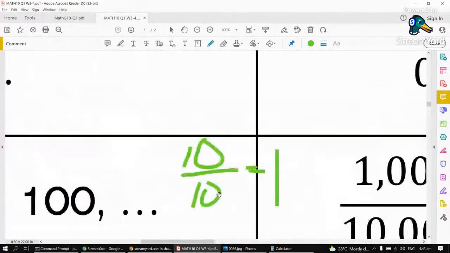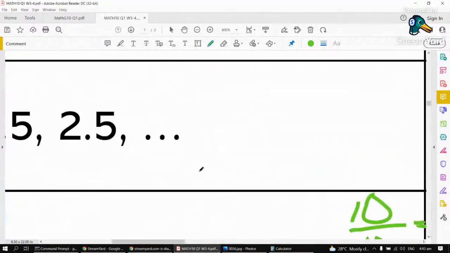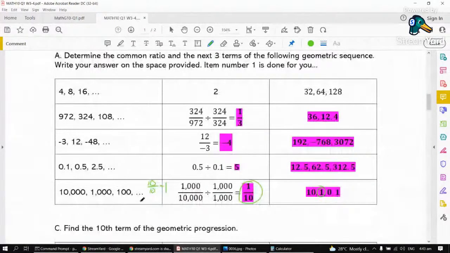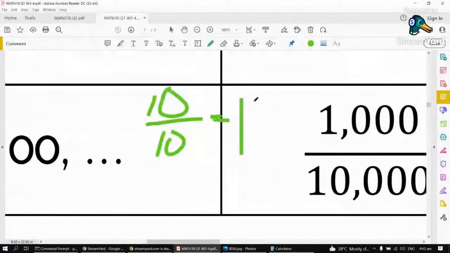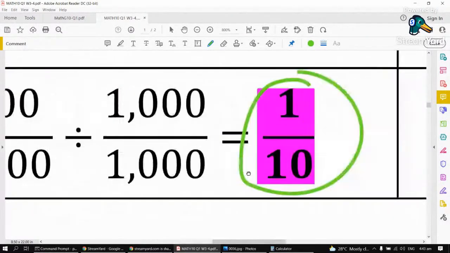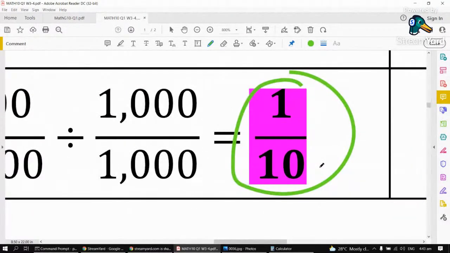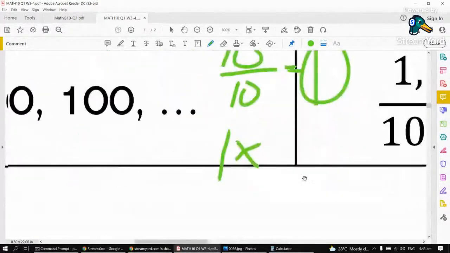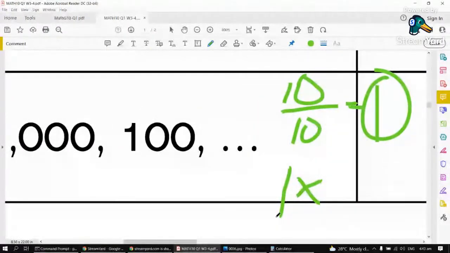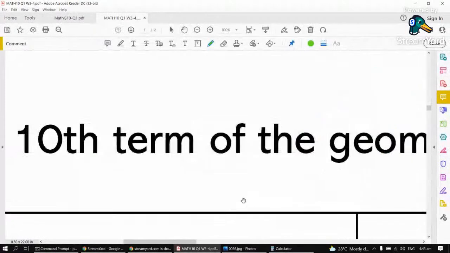And then, itong 1, times natin sa ating common ratio, 1 over 10. So, ang sagot is 1 over 10 din. Okay, 1 over 10.